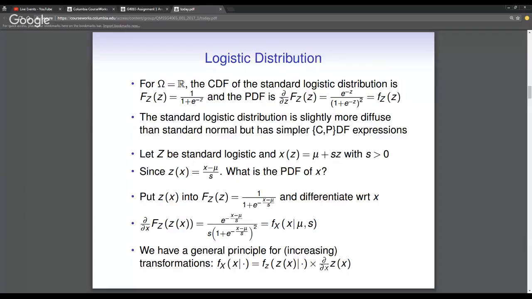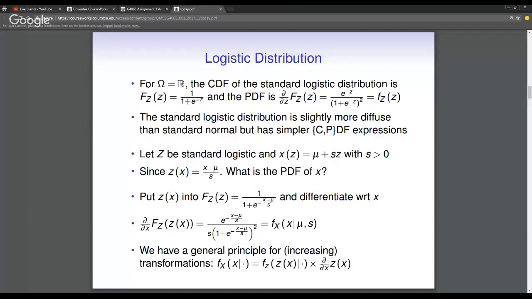So we have a valid CDF here involving x, and we just need to differentiate that with respect to x. Question? Yes? It does not have to be linear, but anything monotonic is going to be pretty simple.